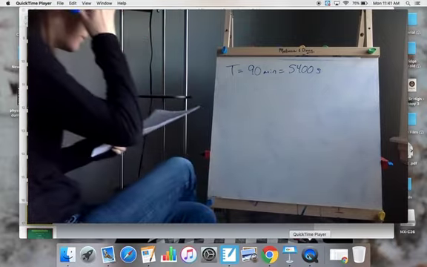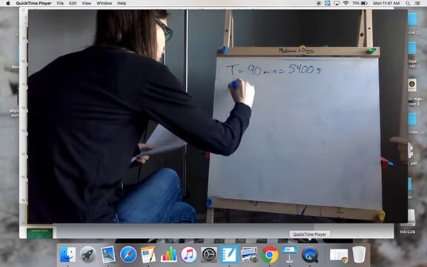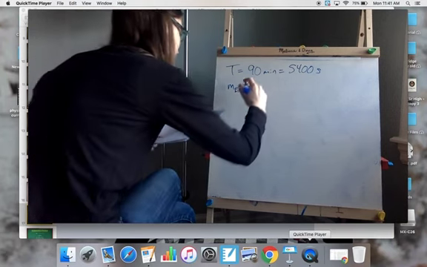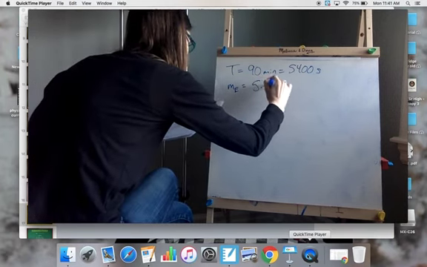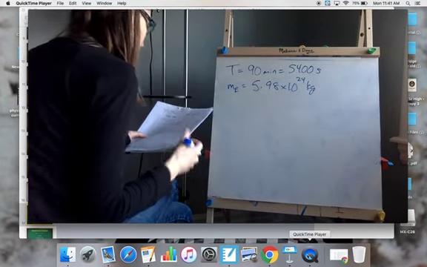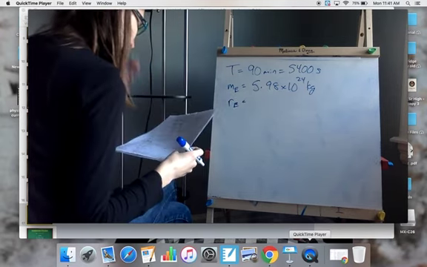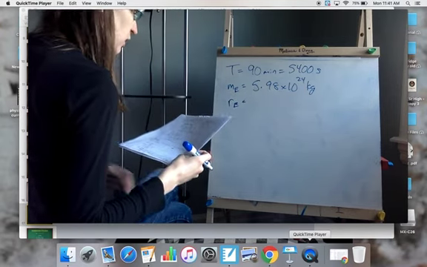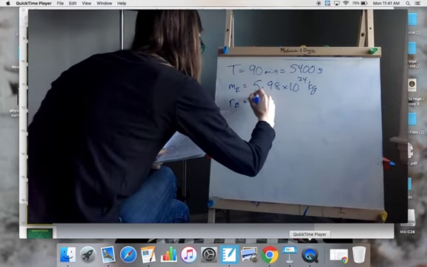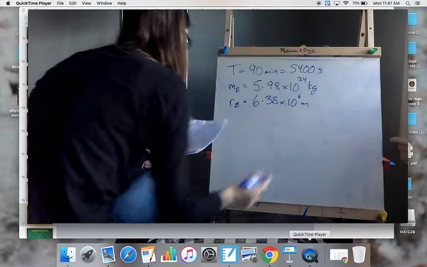We do know the mass of the Earth, the object we are orbiting around, which is 5.98 times 10 to the 24 kilograms. We also have the radius of the Earth, which we're going to need to use, similar to what we did previously. That value is another constant, 6.38 times 10 to the 6 meters.